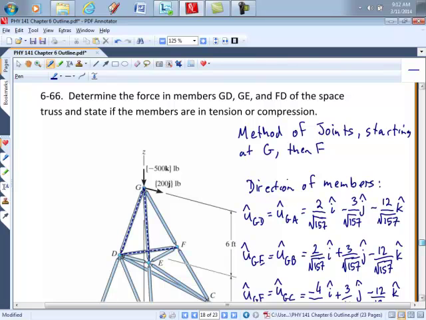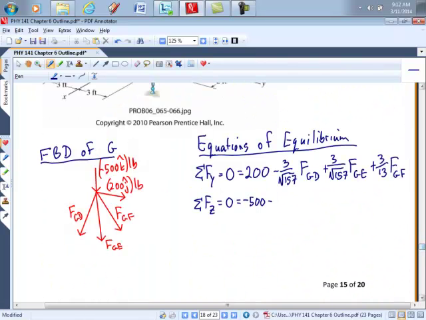So 12 over root 157 FGD, minus 12 over root 157 FGE, minus 12 over 13 FGF.